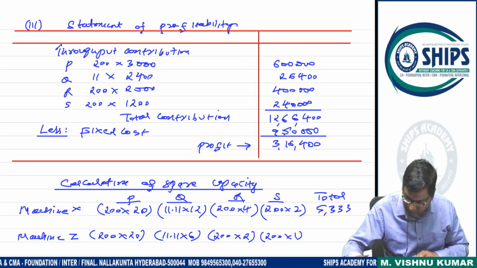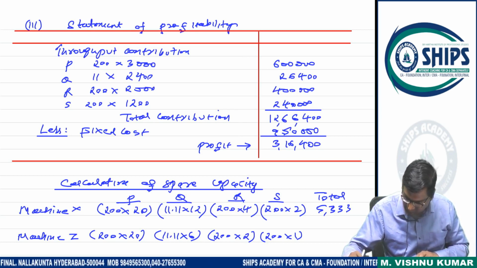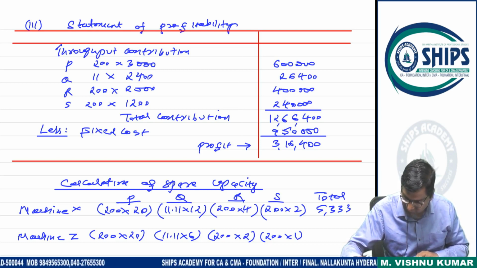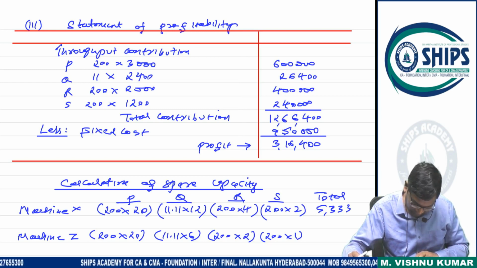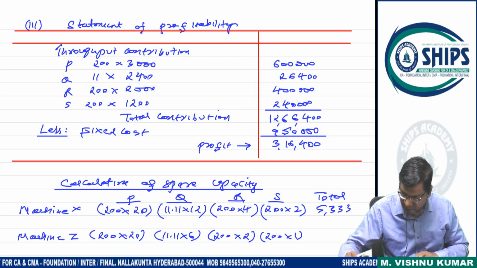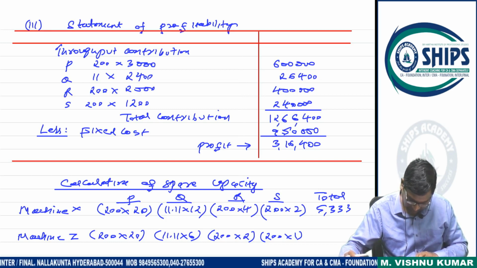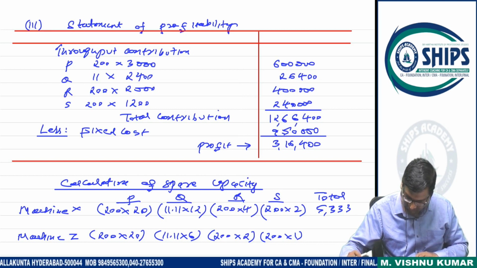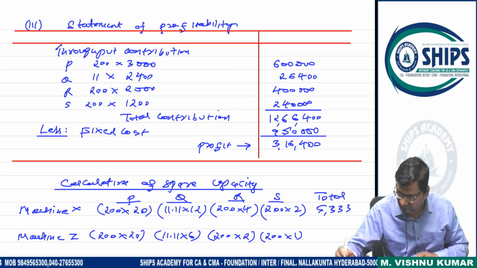So 4,666. Just 1 minute. 200 into 20, 11.11 into 6, 200 into 2, 200 into 1. So 4,666.